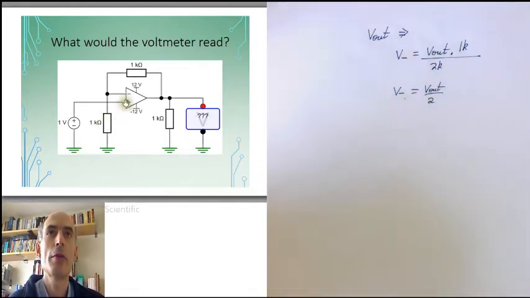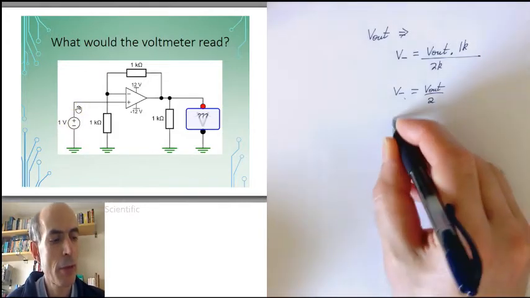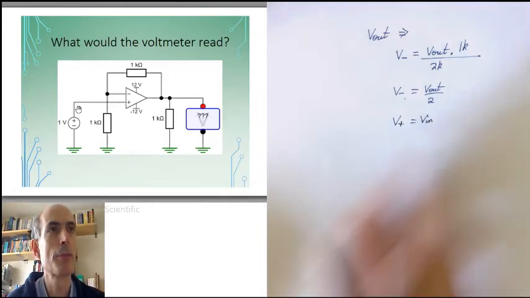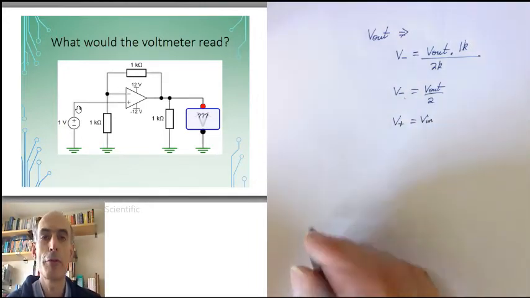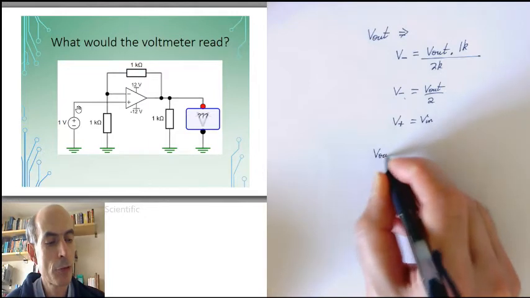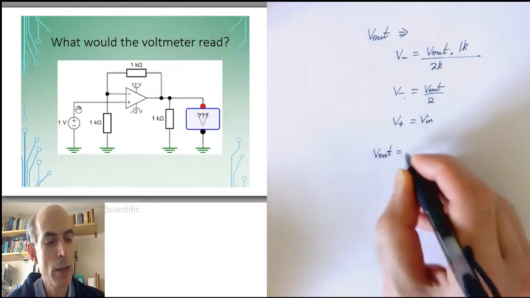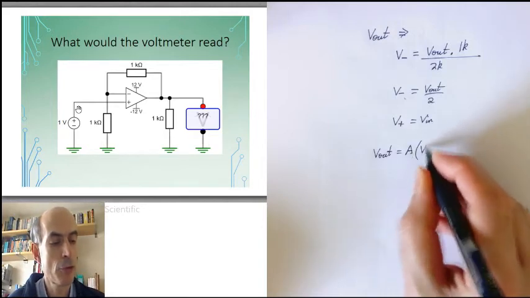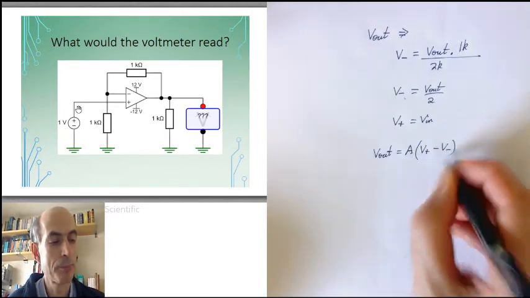We also know that our non-inverting input here is equal to our input voltage. This 1 volt signal here is just representing the input voltage. So I could write that the non-inverting input is just equal to the input voltage. And we know that the function of an op-amp is to try and put its output, a very large amount, the open loop gain, times the difference between the two inputs.